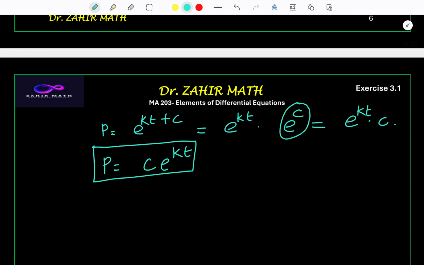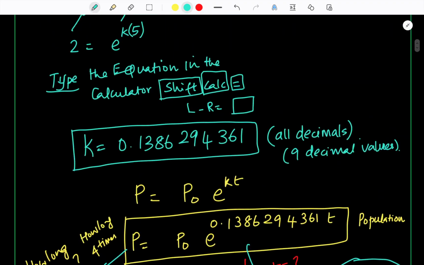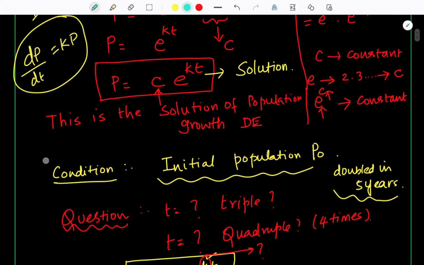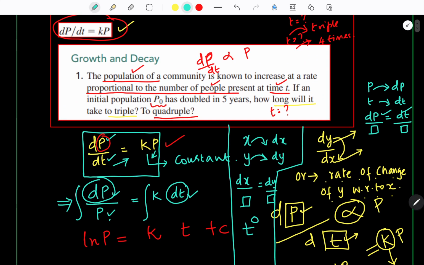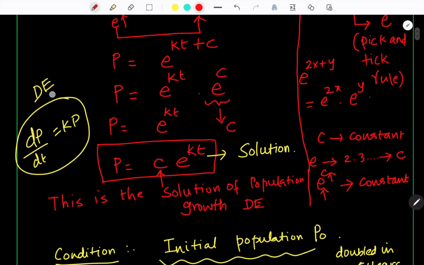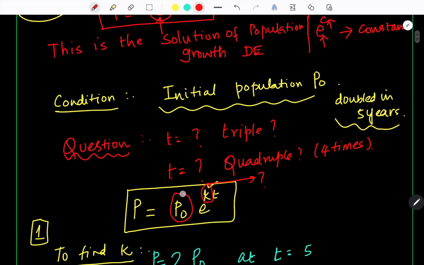So how many constants do we have now? Two constants. How many constants did we have in the previous question? Only one constant. Why? In the question itself they gave the initial population as P naught. It was given, so immediately we put C is equal to P naught.